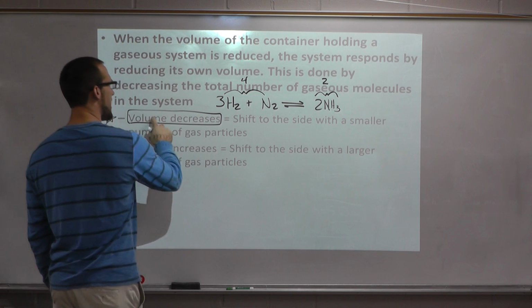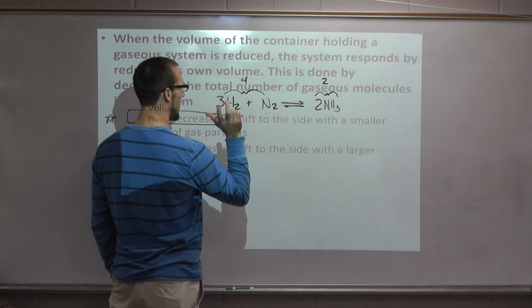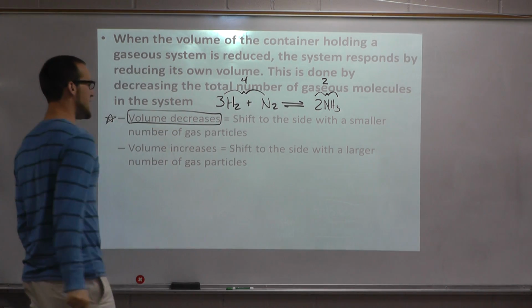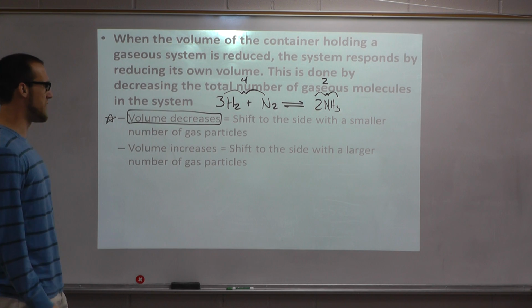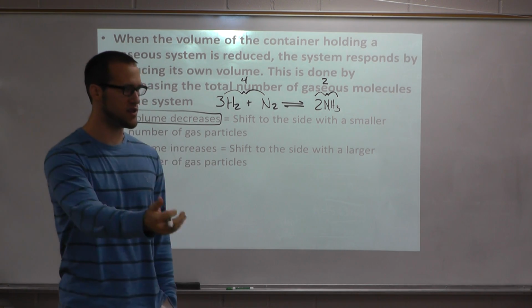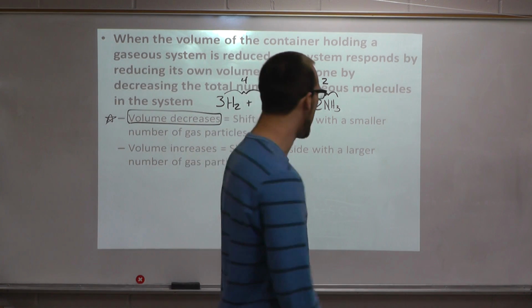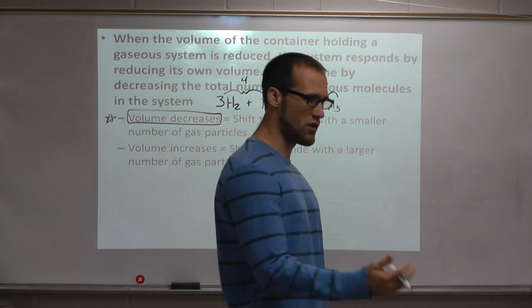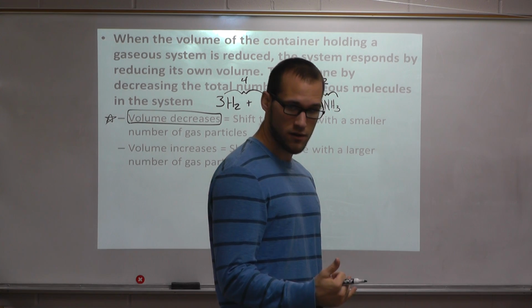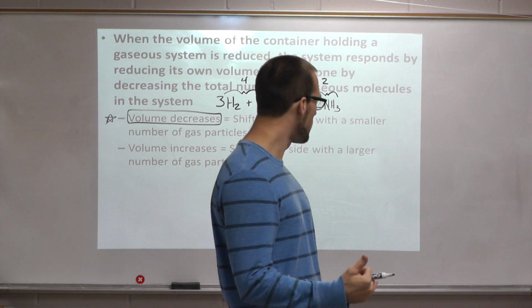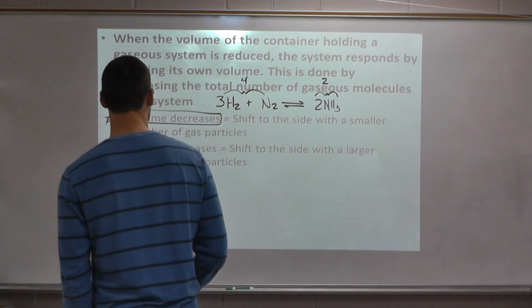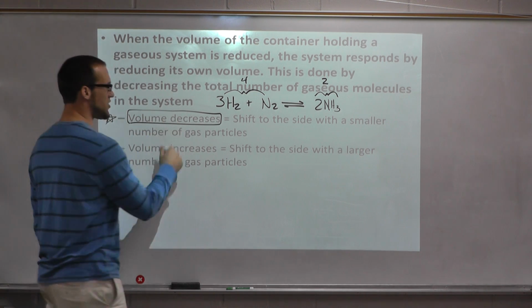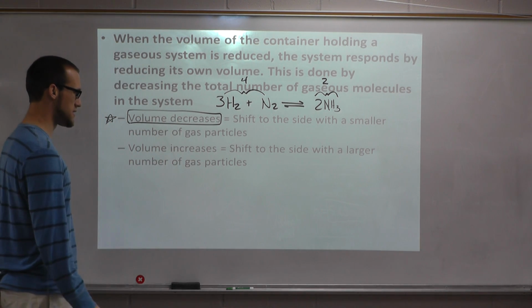So if I cause a stress that decreases my volume, it's going to shift to decrease its own volume. Well, which way, based on this chemical equation, would it have to shift to make its own volume smaller? Right. Okay? So when you cause a stress, it wants to undo that stress.